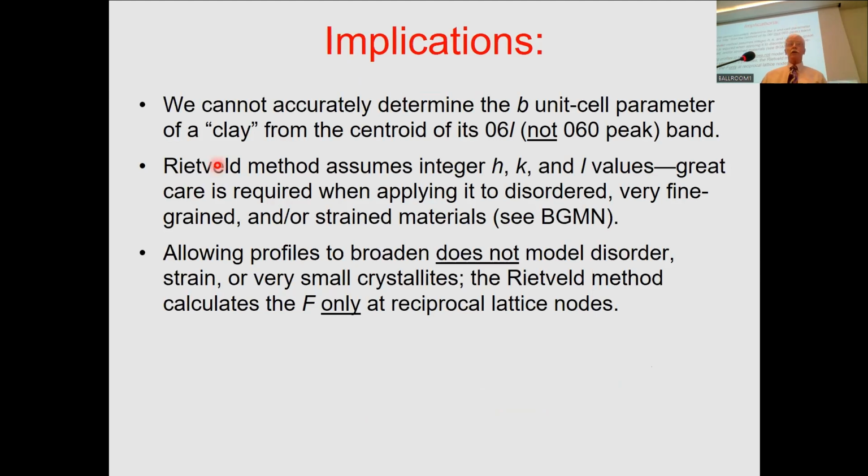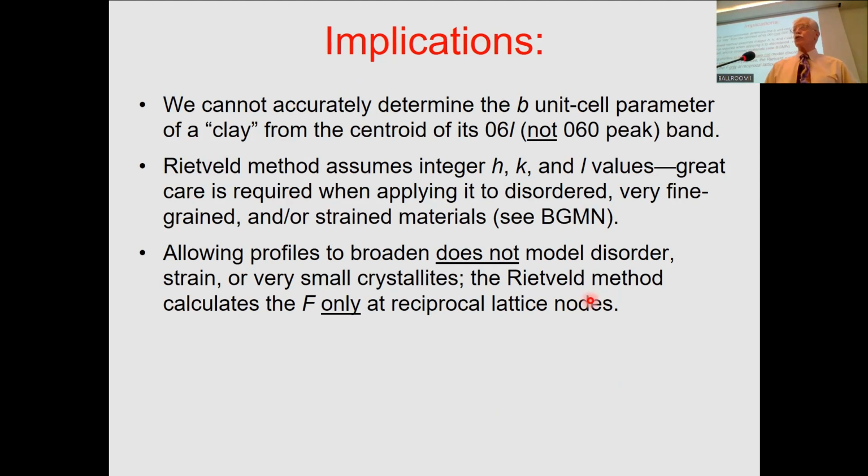What does that mean? Well, first of all, it means that you don't look at the broad band at about 60 to 62 degrees with copper radiation for phyllosilicates and call it 060. That's hkl. That's three-dimensionally ordered crystals. That is not a three-dimensionally ordered crystal if you have two-dimensional diffraction bands. It's the 06l band.